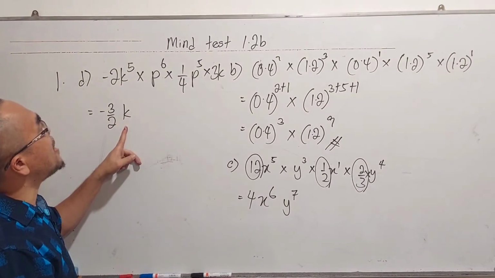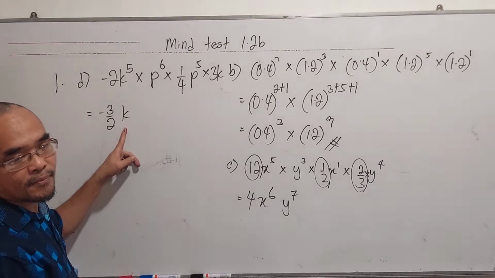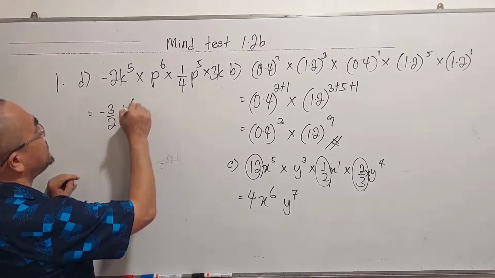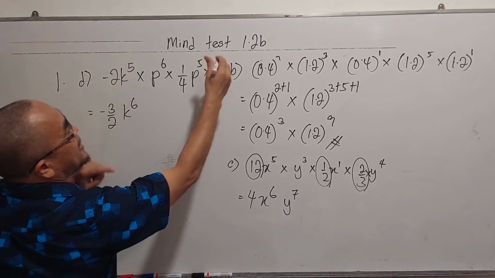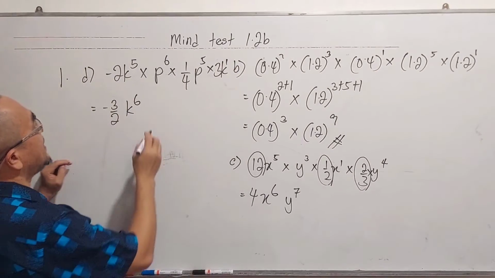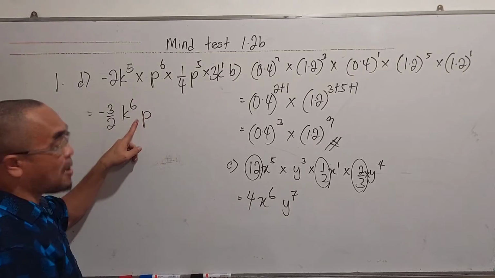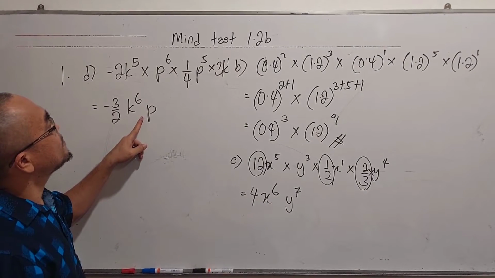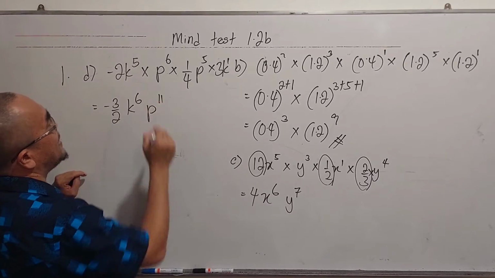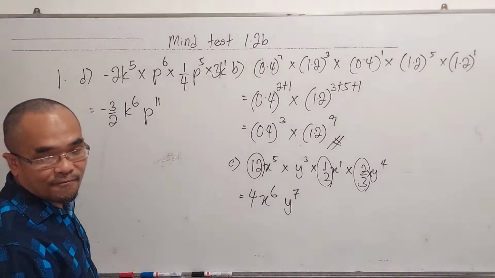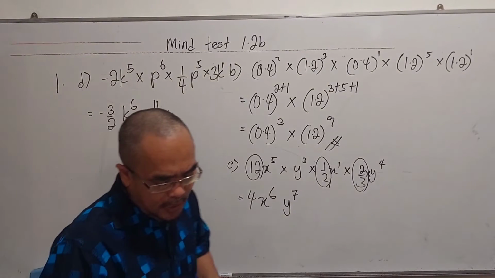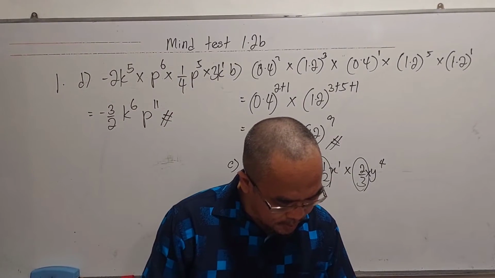So k to the power of 6, because 5 plus 1 here. And then p to the power of 11, because 6 plus 5.